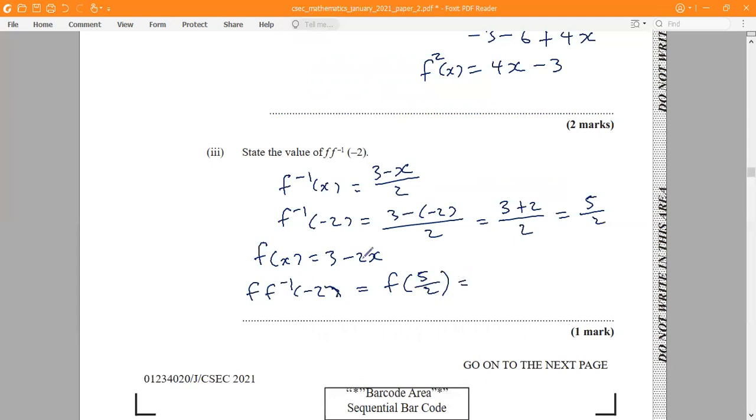We substitute 5/2 for x, so we have 3 minus 2 times 5/2. 2 into 2, 1, and 2 into 2, 1. So we have 3 minus 5, which is -2. And this is our answer for f of f inverse of -2. The answer is -2.